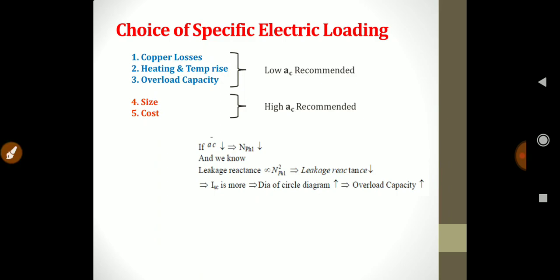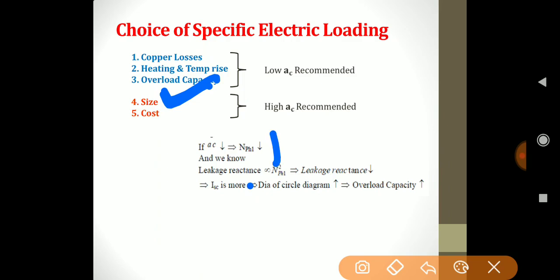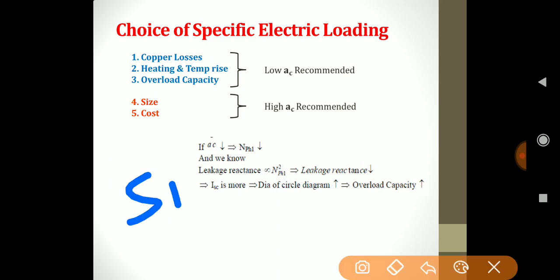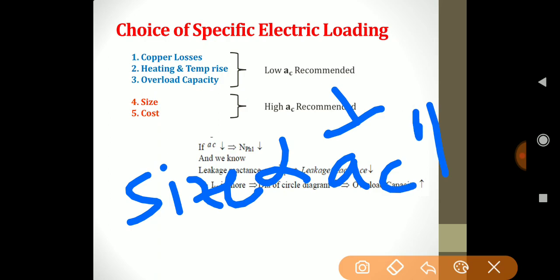Two more factors are important. One is size. If AC value is very high, the size of the machine is small. It means size of the machine is proportional to 1 upon AC. If you increase AC, size will be small.